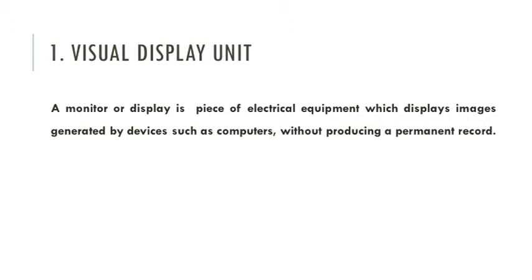Regarding the visual display unit, the VDU, a monitor or display, sometimes called a visual display unit, is a piece of electrical equipment which displays the images generated by devices such as computers. The main difference between a monitor and a television is that a monitor does not have a television tuner to change the channels.